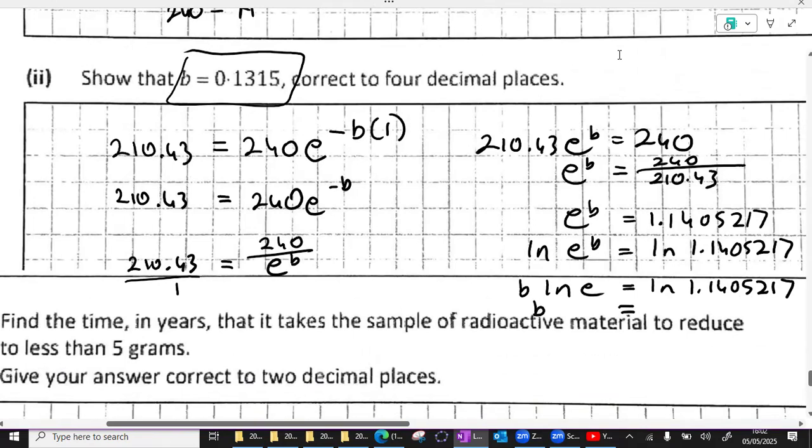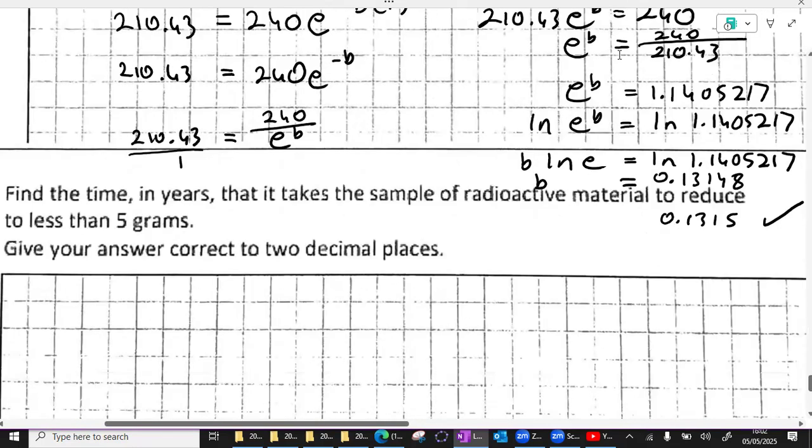So now if I get the natural log of whatever is remaining, that should give me the answer that I'm asked for. So the answer I'm getting is 0.1314, etc. So to 4 decimal places, it is 0.1315 as requested.